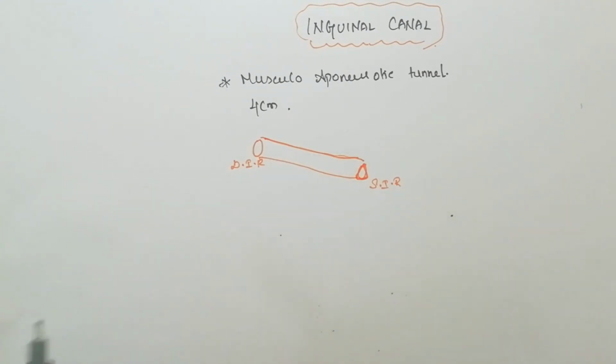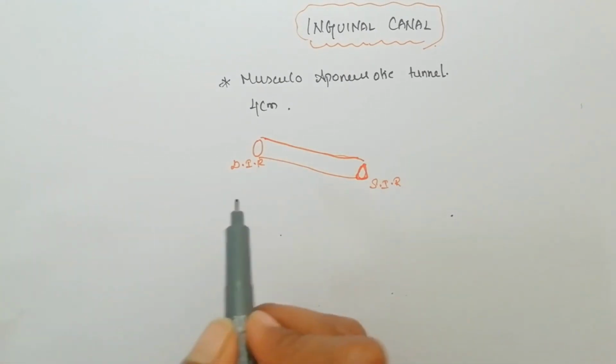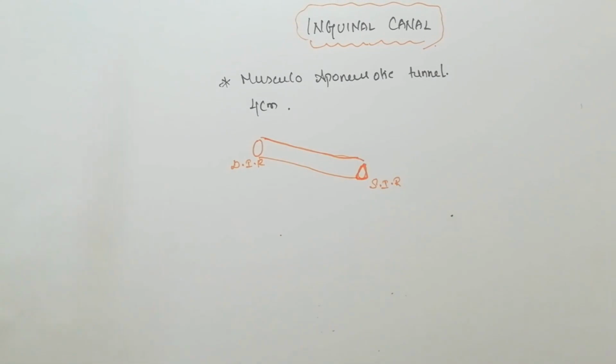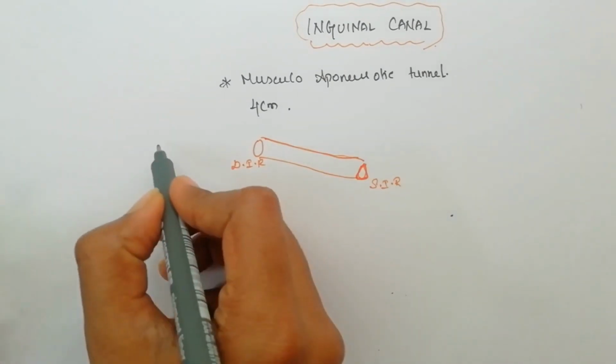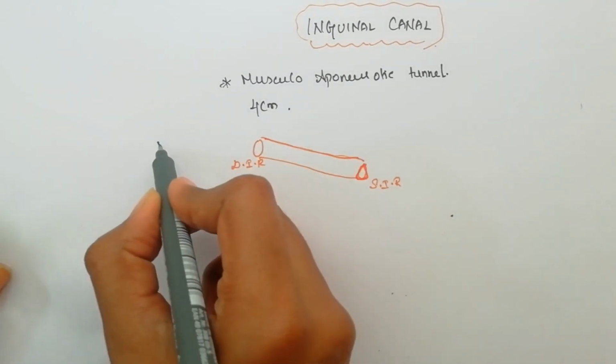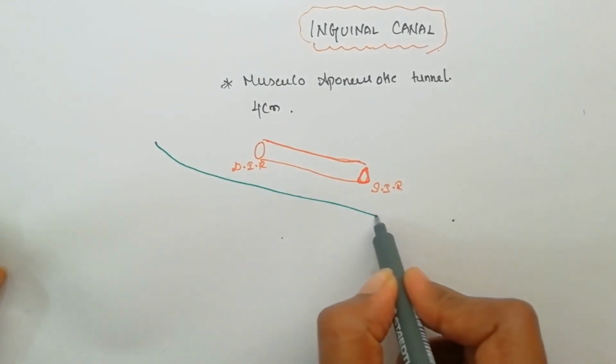This is where the inguinal canal is actually present. We have the inguinal ligament. I think you know what it is. The inguinal ligament is present below this. So below this we have the ligament called the inguinal ligament, which extends from the anterior superior iliac spine to the pubic tubercle.